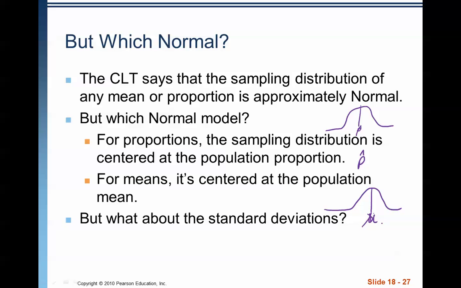However, what's different is our standard deviations. For proportions, we follow the formula, the square root of PQ over N. We obviously can't have that same standard deviation for quantitative data, though, because we don't look at proportions with quantitative data.